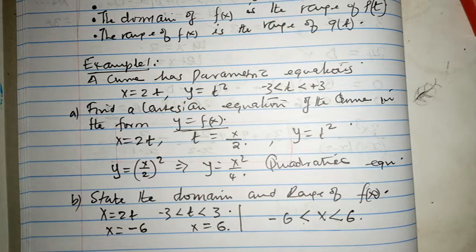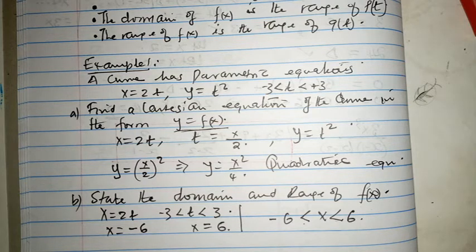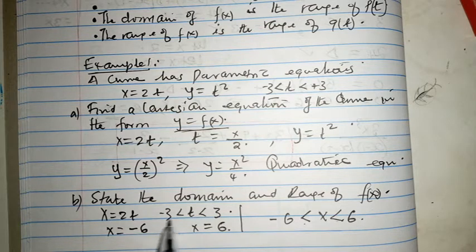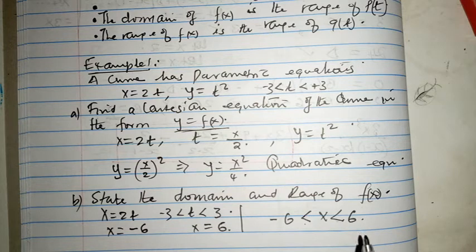So the domain of f is the range of the parametric function of x. So the range of x equals 2t over the domain, these boundaries, -3 and 3, becomes -6 all the way to +6, because we have understood that the domain of f(x) is the range of the parametric equation.